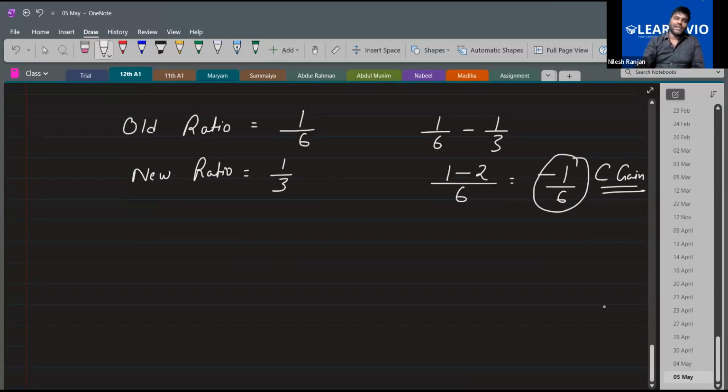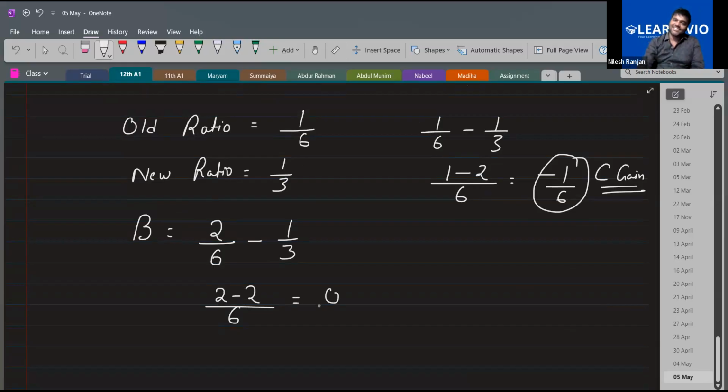Now in the same manner, you told me that B is losing. In the old ratio, B's share was 2 by 6, and in the new one, his share is 1 by 3. So he is basically getting the same.